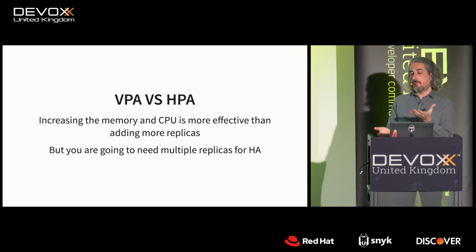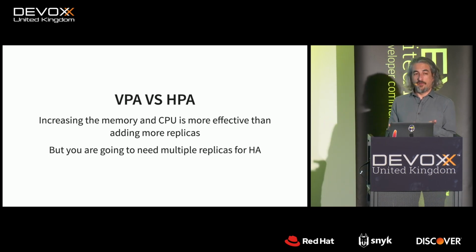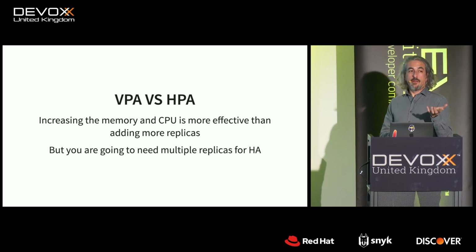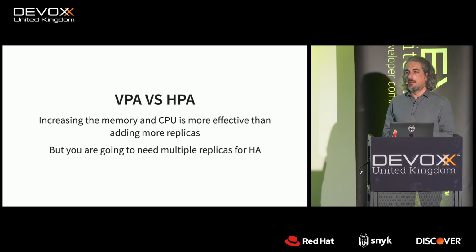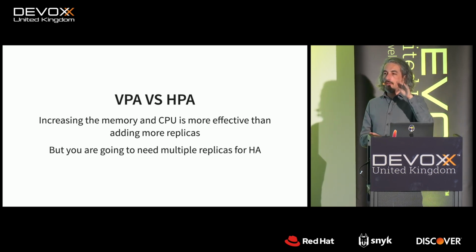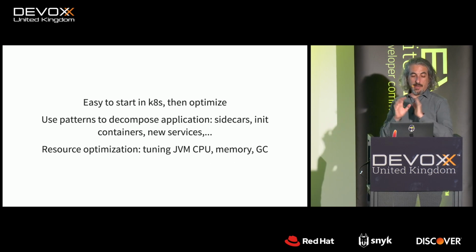But at the same time, you're going to need at least 2 or 3 replicas of your application for HA. So you're going to need a minimum of 2, probably 3, one in each availability zone, and you can configure Kubernetes to do this. So it's going to be a balance. Also, if you have very beefy containers and they're not used, you're wasting more resources. So that was it for me.